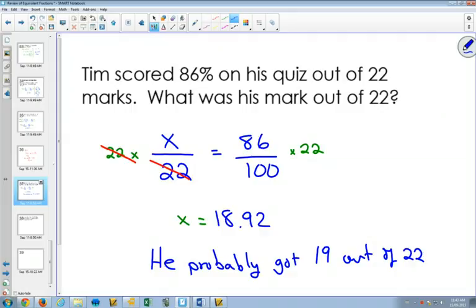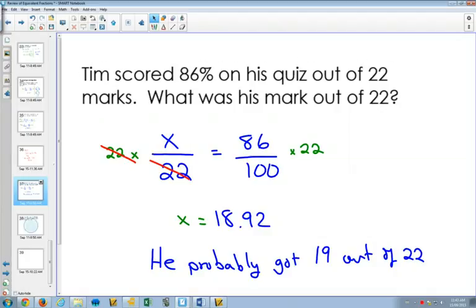You wouldn't tell them, oh, I got 86.363636363636, and they'd be like, okay, I get it. You got about 86%. You wouldn't say all those decimal places. And if you did, your friend would probably look at you and say, okay, you might be one less friend at the end of the day. So probably got 19 out of 22.